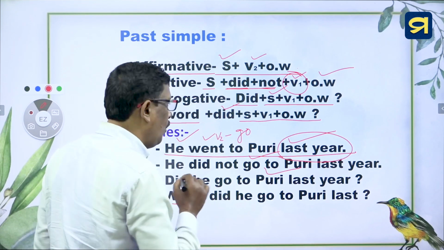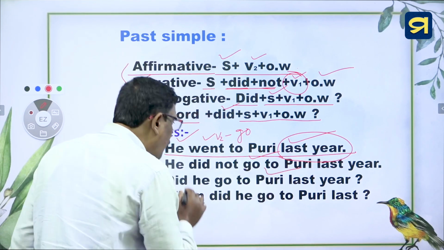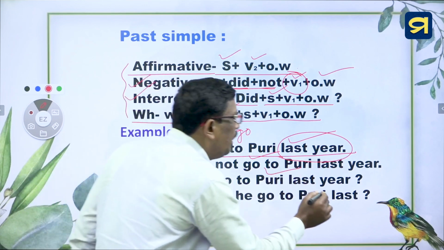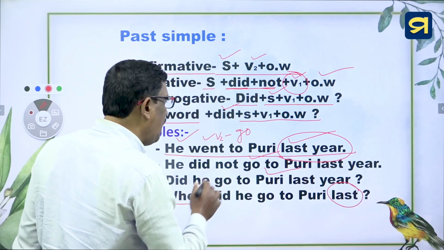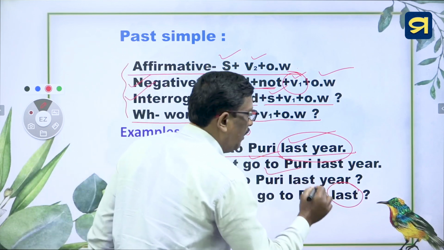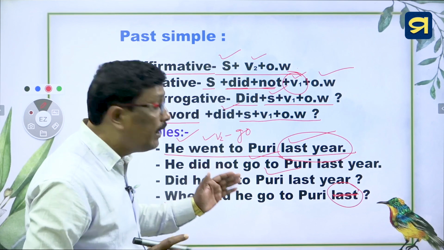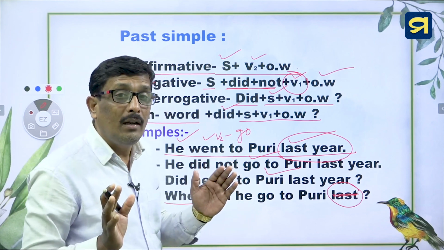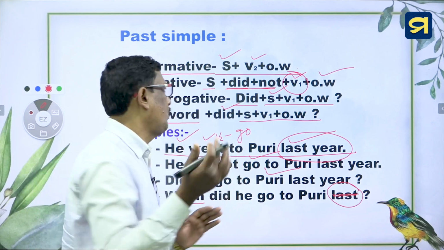When it is used, it replaces what? Last year. When did he go to Puri? Not last, this is wrong. When did he go to Puri? In this way we have to write WH interrogative. Have you understood?